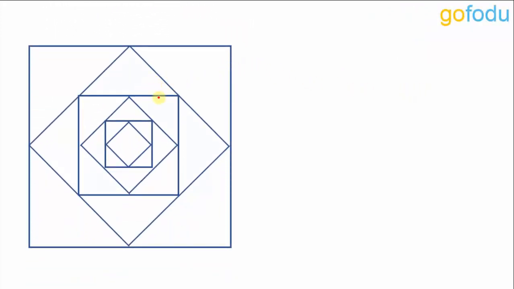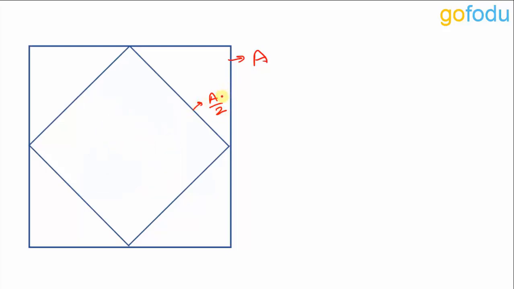Square inside a square, inside a square, inside a square, going on till infinity. Now let's talk about the areas first, because that is easy. If the area of this square is a units, the area of this inner square will be a upon 2. Why? Well, let's focus on these two squares only.